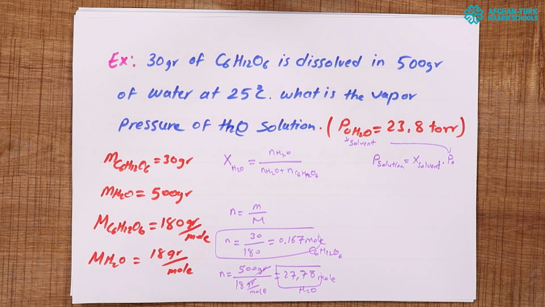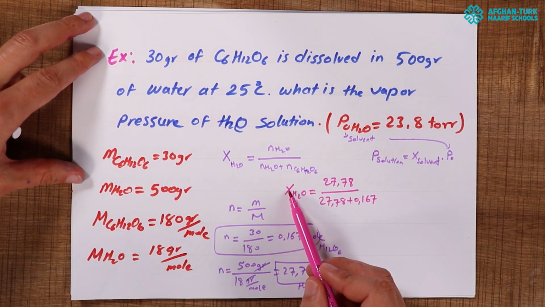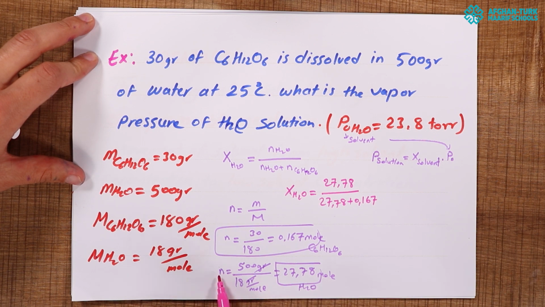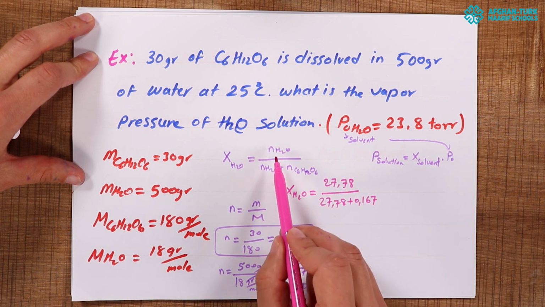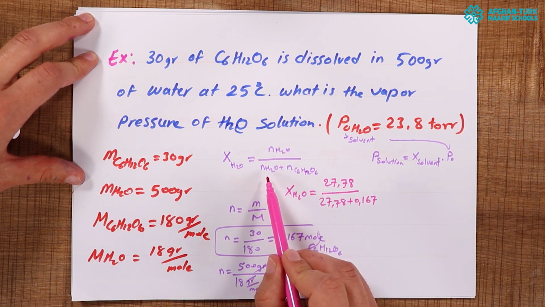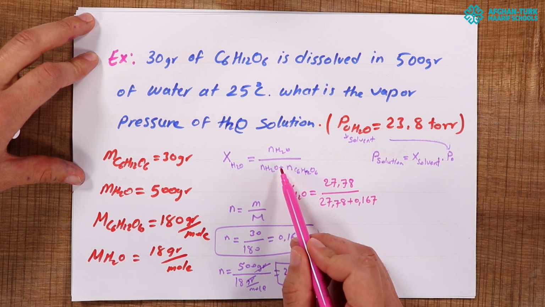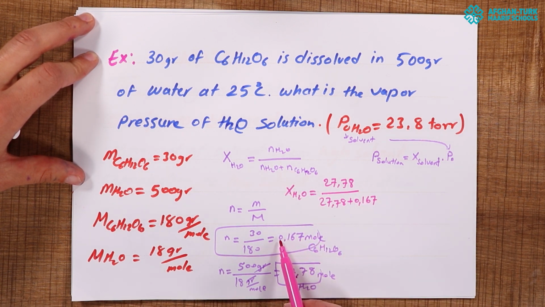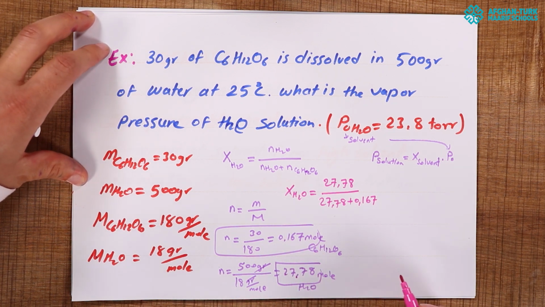Okay, now according to this formula, we can solve this question. Mole fraction of water is equal to mole of water, which we found is 27.78, in the numerator. Also in the denominator we have this value plus the mole of glucose, which we found is 0.167.